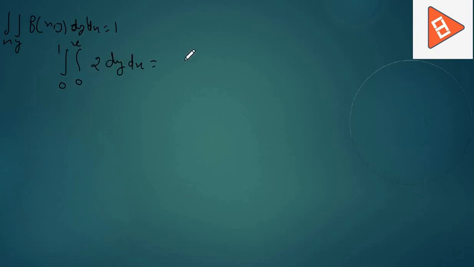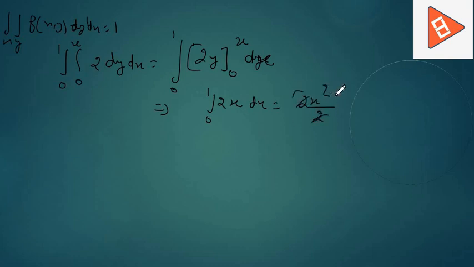With respect to y, we have 2y from 0 to x, integration from 0 to 1 dx. It will be equal to 2x from 0 to 1 dx, that is equal to the integration of x, which is x square by 2, the 2 cancels, from 0 to 1. Now we put the limit: 1 square minus 0 square is equal to 1. Hence it is true that it is a valid density function.